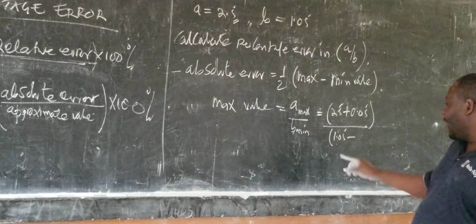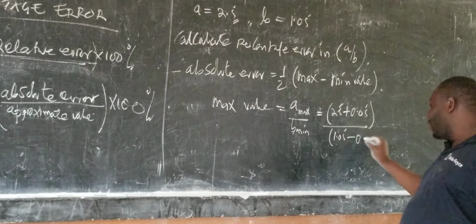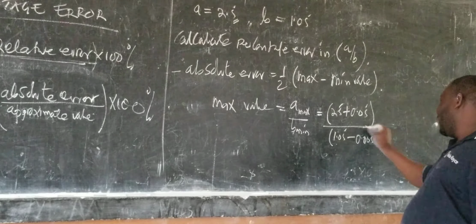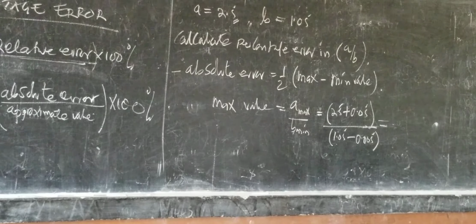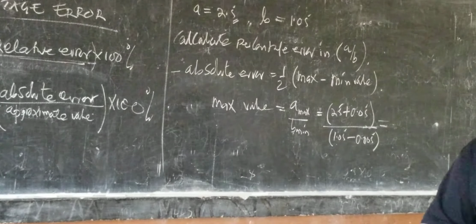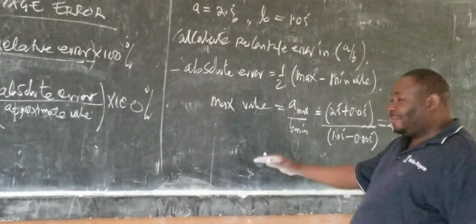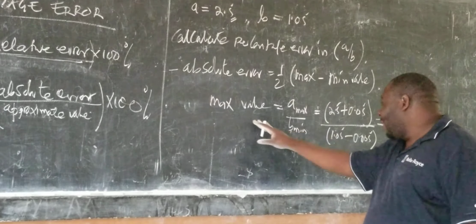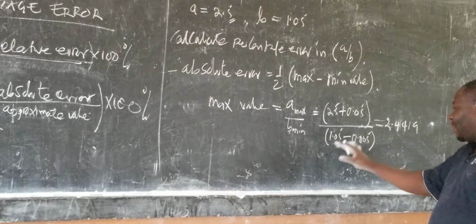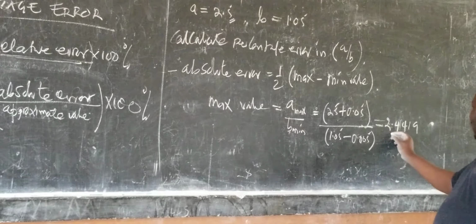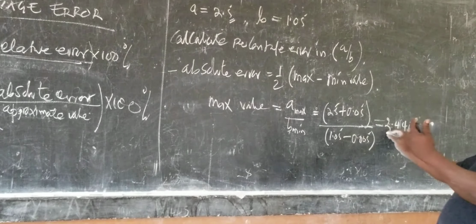That has two decimal places, so it will be 0.005. That is minimizing. And you can use our calculators there. We are maximizing, A maximum over B minimum, so when you use the calculators, you come up with the maximum value.